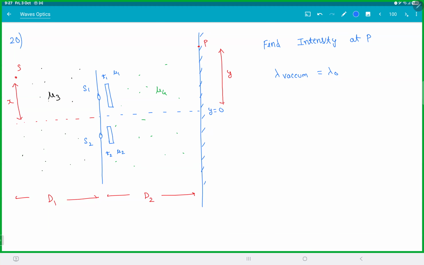So let's calculate all the path differences in vacuum. Whatever path difference you get, for example, if you go through a slab of mu, it is equal to a vacuum path of mu into d. So let's convert everything into vacuum. That is the catch in these kinds of questions. Whenever a light ray goes through different mediums, convert everything into vacuum. Calculate all path differences in terms of vacuum.